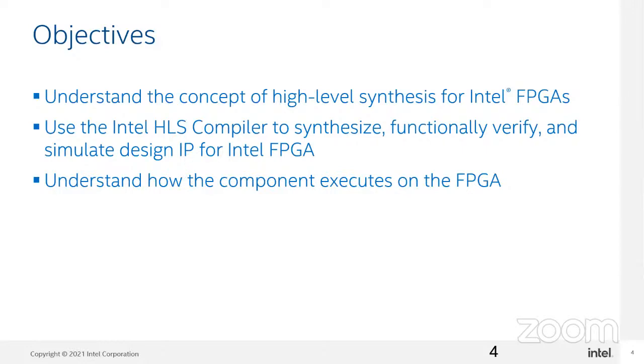Now, in this case, the basic thought process is that we want to ensure the code we are developing and writing in software needs to be converted into an RTL. That means you are going to convert a high level code into an RTL. So we call this the concept of high level synthesis.